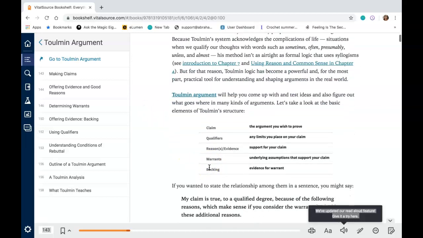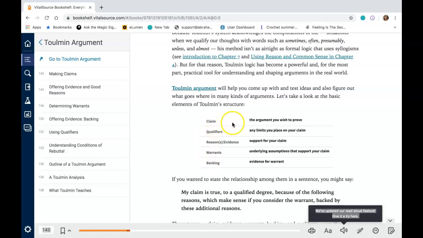So it starts with the claim, the argument you wish to prove. That's a claim. The qualifiers are any limits you place on your claim. A limit could be focusing on a certain point.